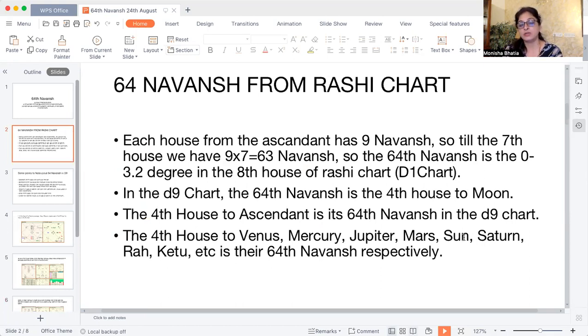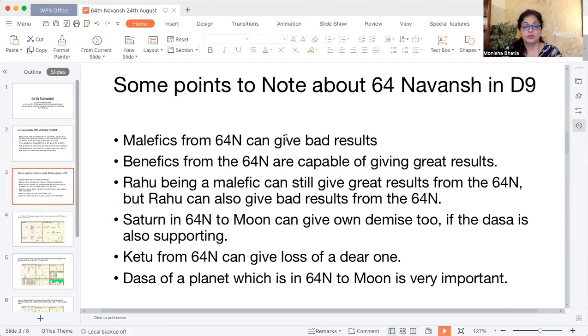If you want to study about your father or your bosses, then you can see the 64th Navamsha of the Sun. Next point. If there are malefics transiting in the 64th Navamsha, they will give bad results. Benefics transiting in the 64th Navamsha to any given planet will give good results.